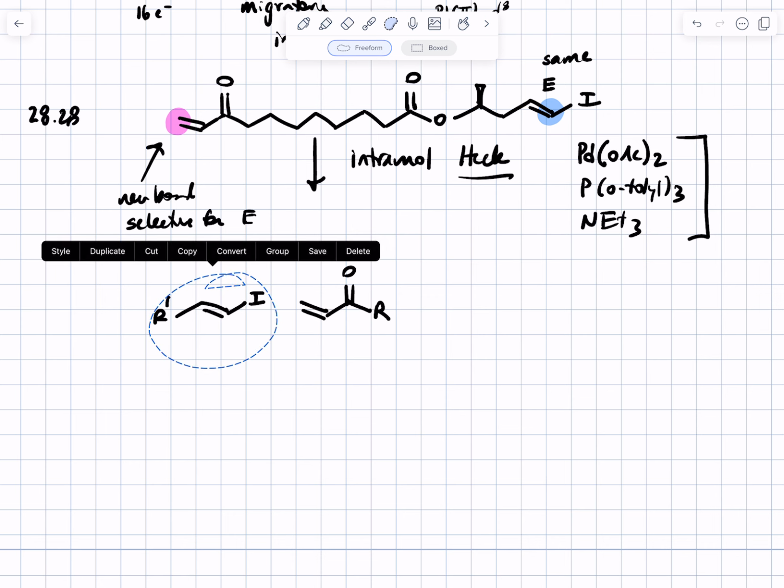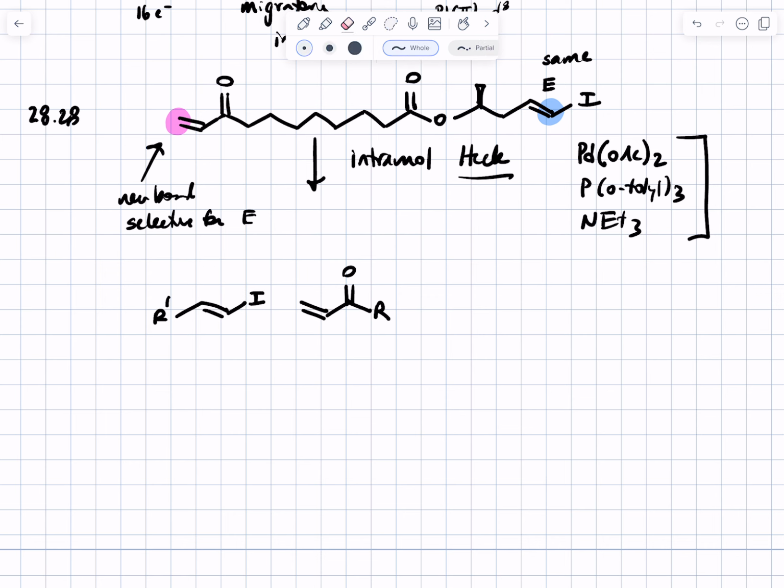Then bring them together, and remember that the new bond goes in between the blue carbon and the pink carbon. And the new bond goes to the carbon that had the iodide. So we're just going to slide that over. That's then our new compound.